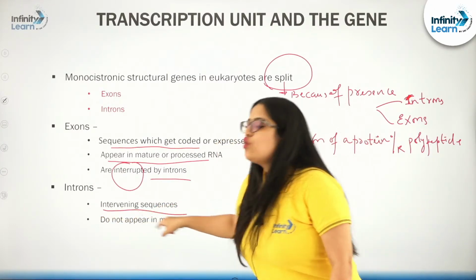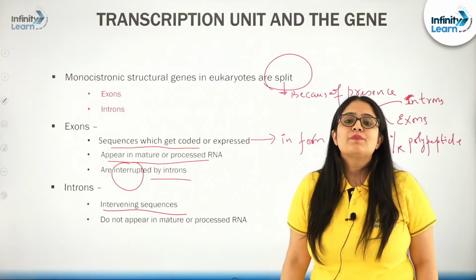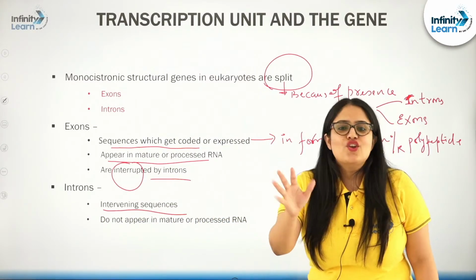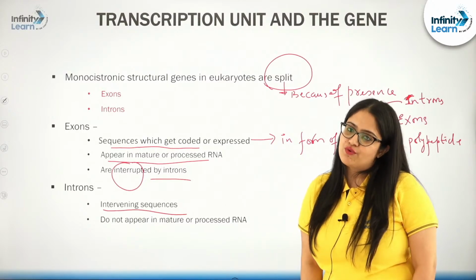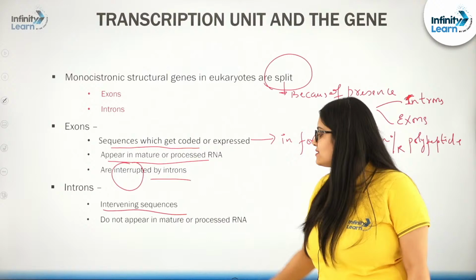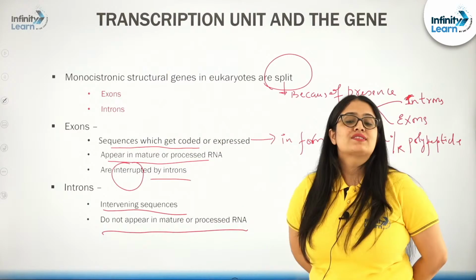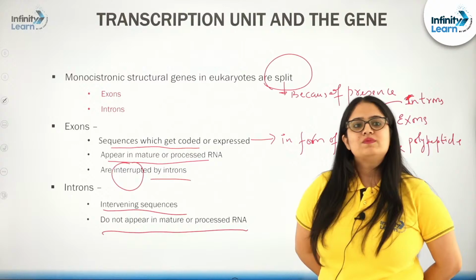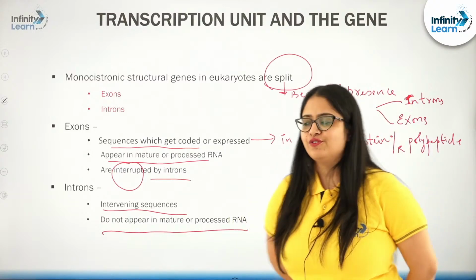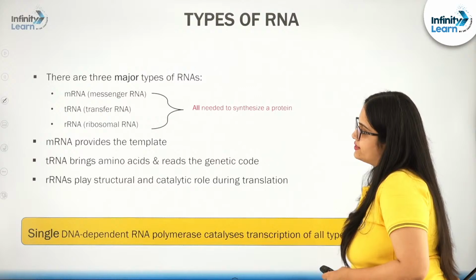Next, they do not appear in the mature or processed RNA. They should not appear. Why? Because they are not coding for any kind of protein or polypeptide chain. Hence, they will not appear in a mature or processed RNA. I hope this much is clear to all of you. Let us see what we need to understand next.